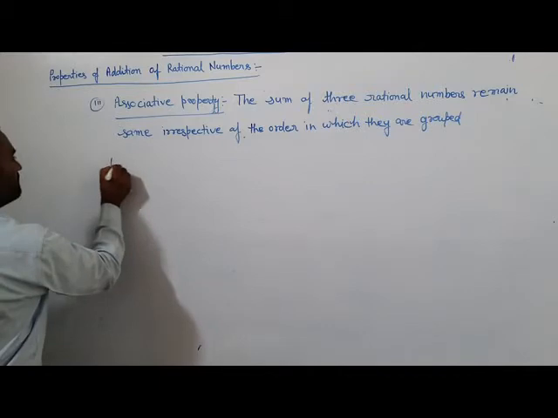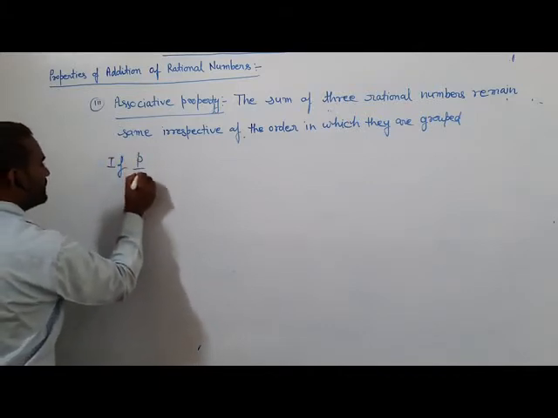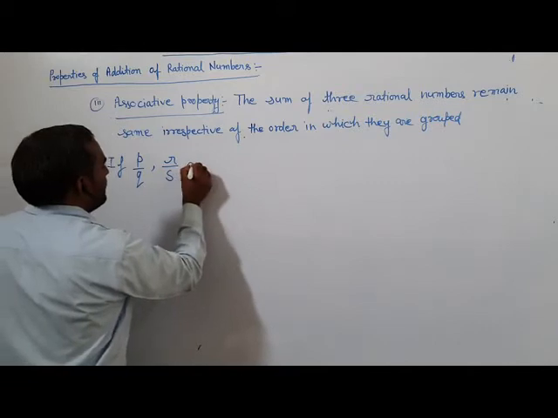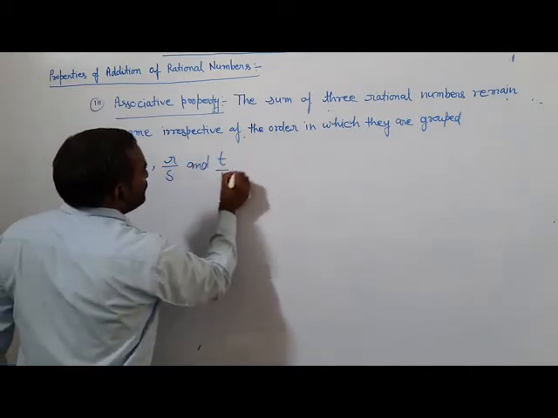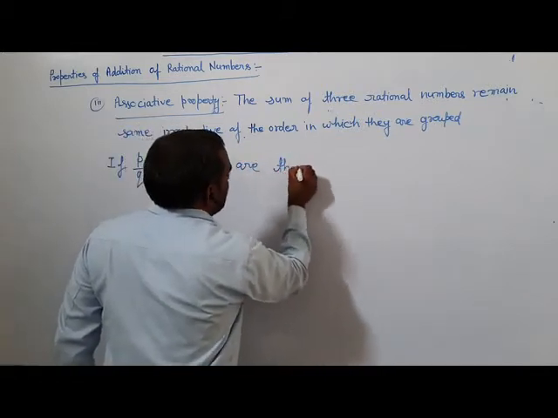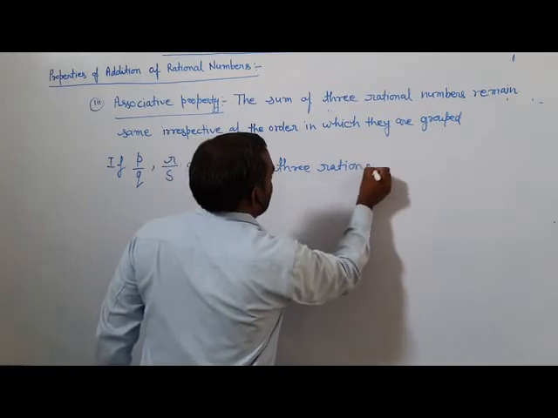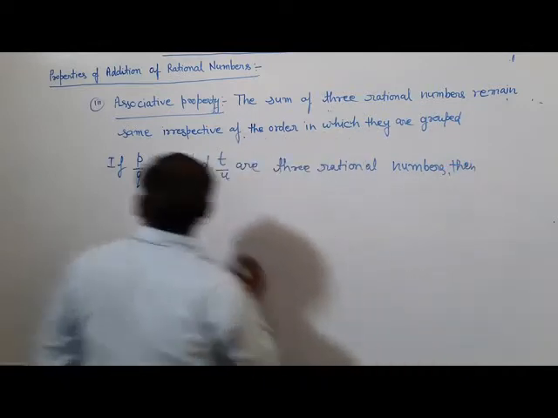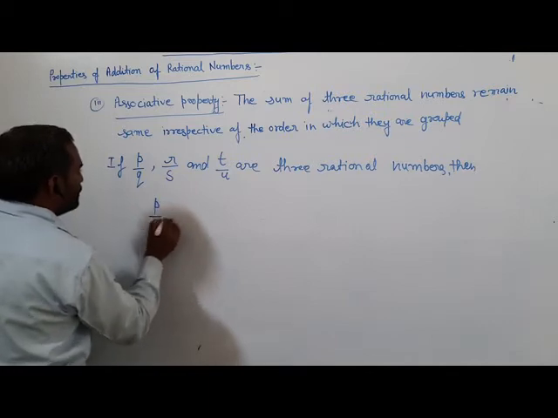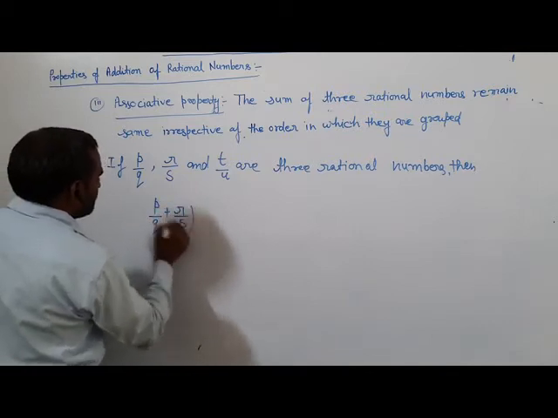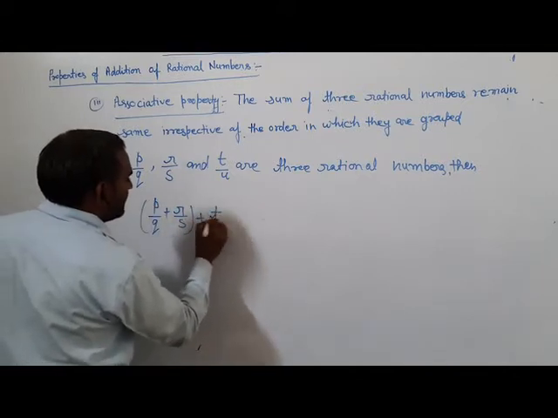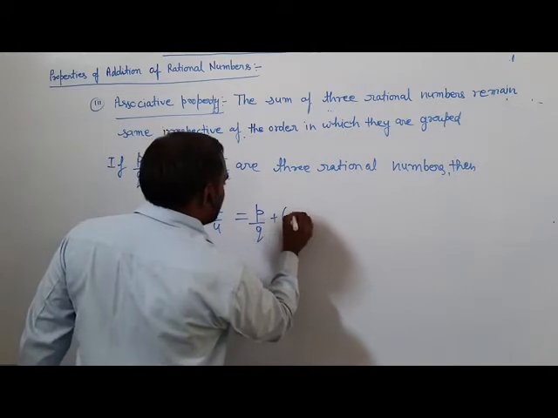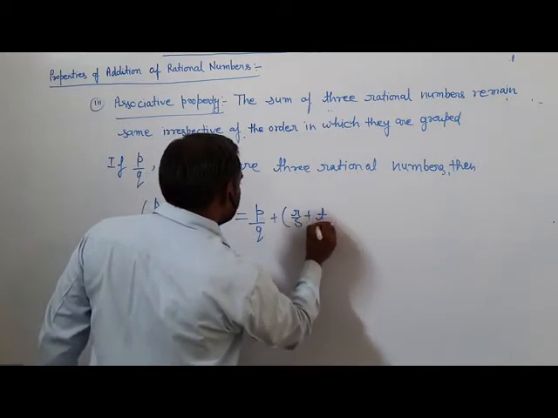If P by Q, R by S, and T by U are three rational numbers, then P by Q plus R by S, plus T by U is equal to P by Q plus R by S plus T by U, grouped differently.